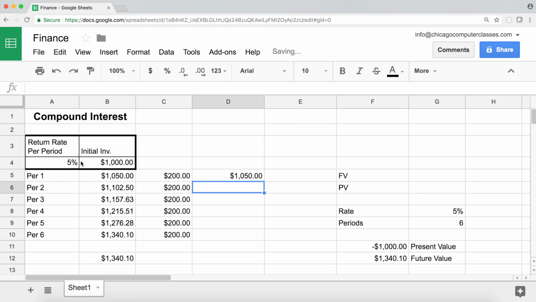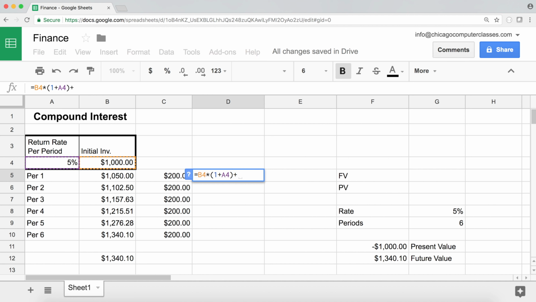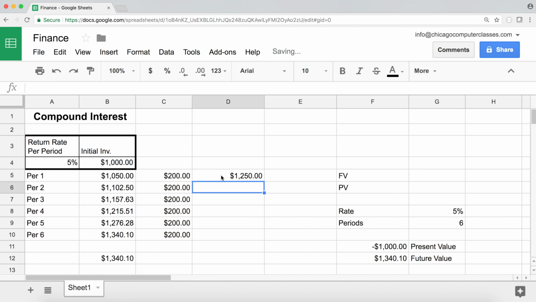So far we should add that 1,050, but we're also investing $200 more. So I'm going to add this 200 to it. And at that point, we're going to have 1,250.